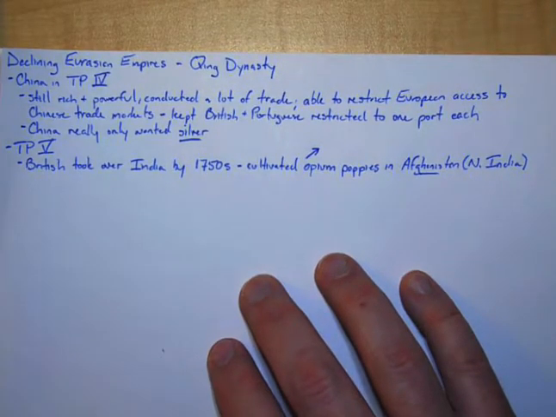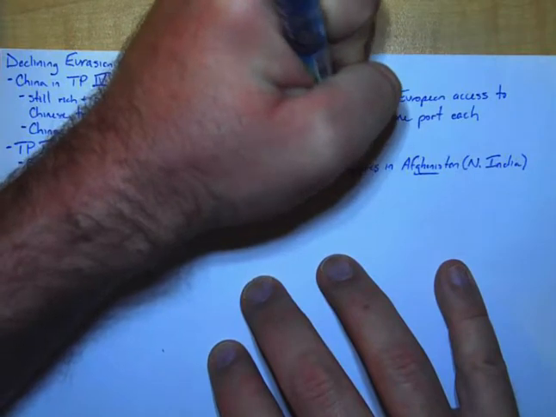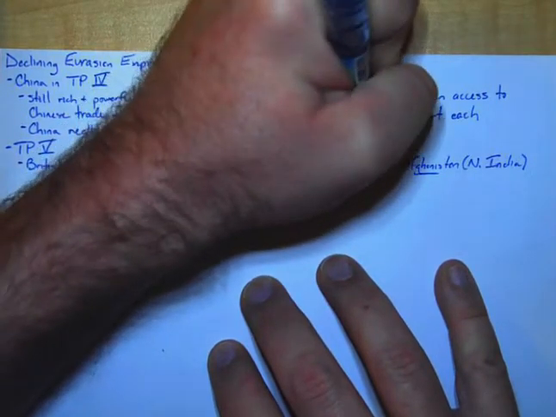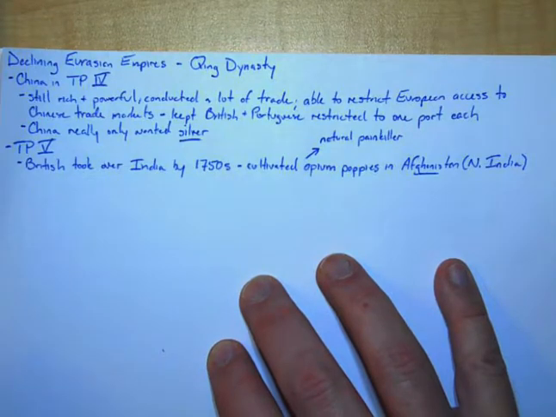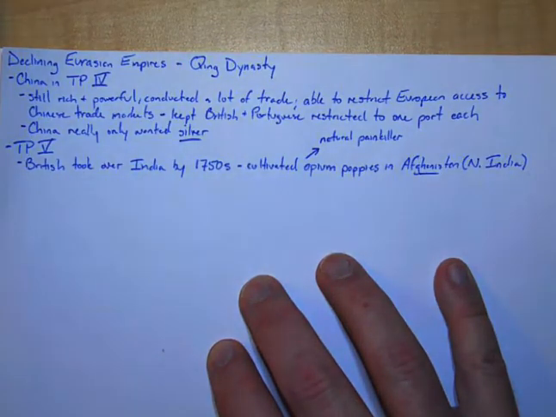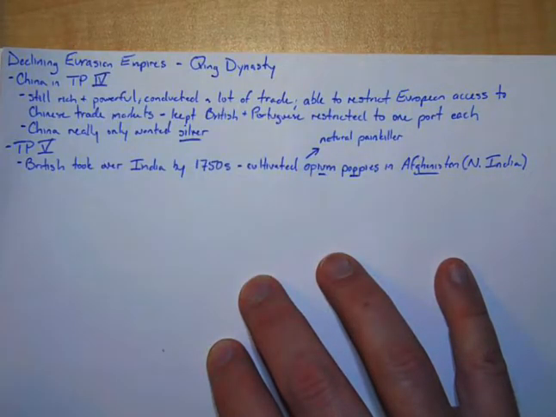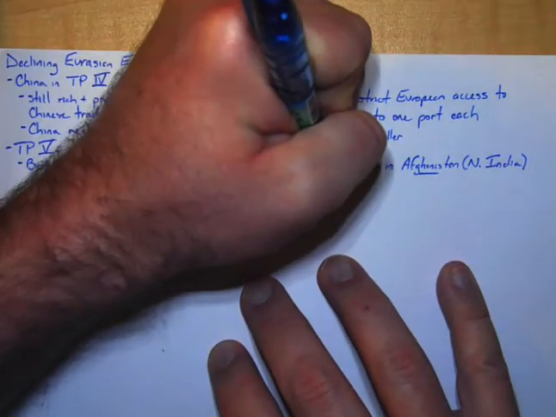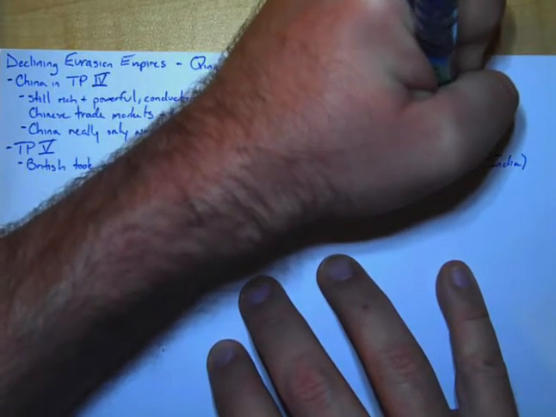Now, opium poppies have been part of human society for thousands of years. They produce a natural painkiller that has been used as medicine for thousands of years. Now, if you refine the seeds of the opium poppies, you can create what is essentially heroin.